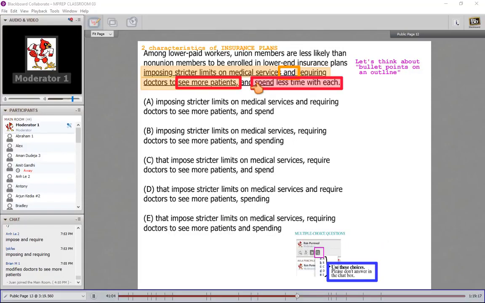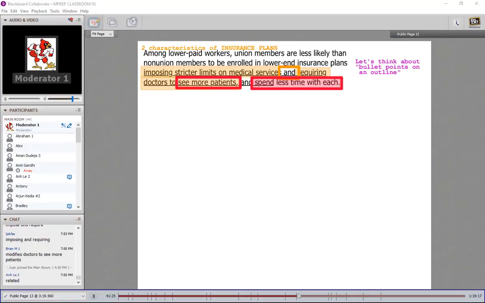Are these actually independent ideas? Or are they related? And can anybody specify how they are related? And notice that all of the stuff we're doing now is stuff that you should absolutely do before you even look at the answer choices. You don't even look at the choices until you have done this stuff.